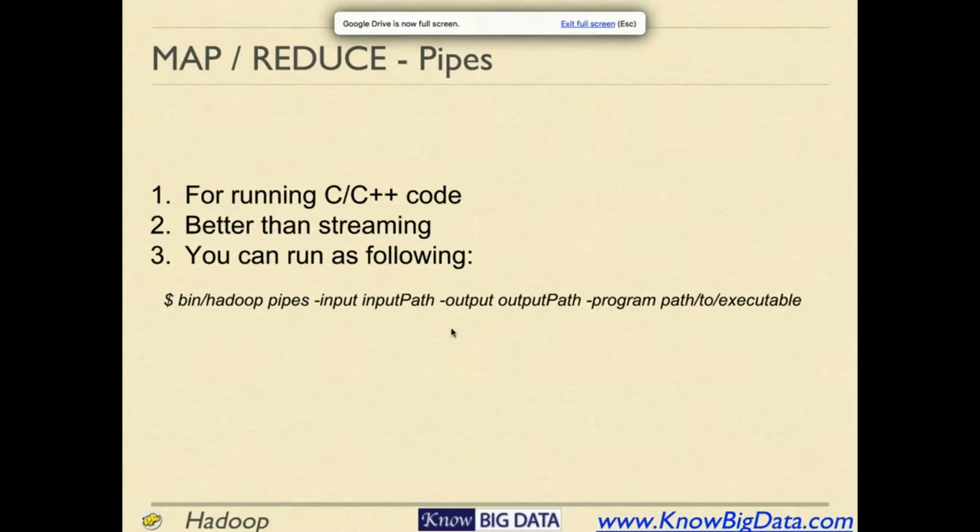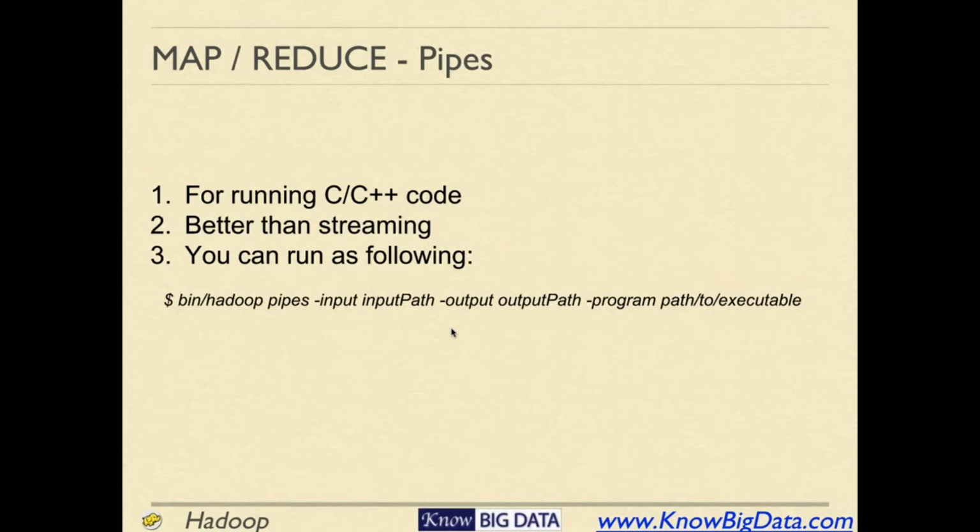Sometimes people ask about pipes. Pipes is the way we can execute MapReduce streaming so that we could use any kind of code as the mapper and any kind of code as the reducer. Just as we say hadoop jar and something, similarly we could say hadoop pipes, provide the input path, output path, and the program, and it'll do the execution.